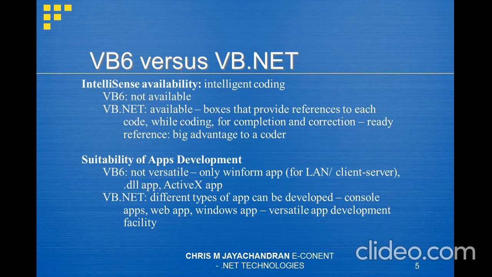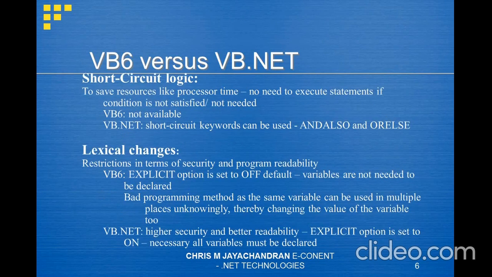Then we can develop DLL apps, or we can develop an app as an ActiveX object and make it run on the internet. But at the outset, VB.NET has versatility in app development, and it is suitable to develop any type of app, which is totally absent in VB6.